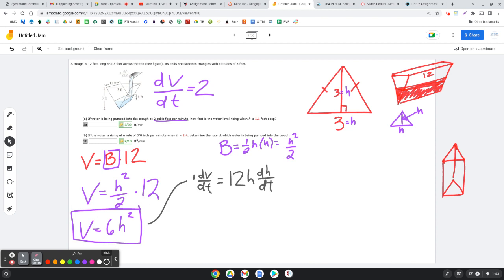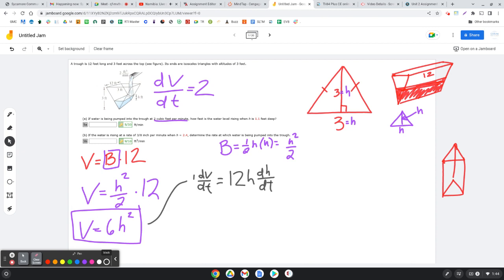If we were taking the derivative of this thing with respect to h, then it'd be 12h times dh/dh. You wouldn't write that down. Unnecessary. Does that make sense? We're taking the derivative with respect to time. This is why I love intro to calc, because you need another shot at going back through it. It'll make so much more sense next year once you take physics too. 2 years for you. Okay?